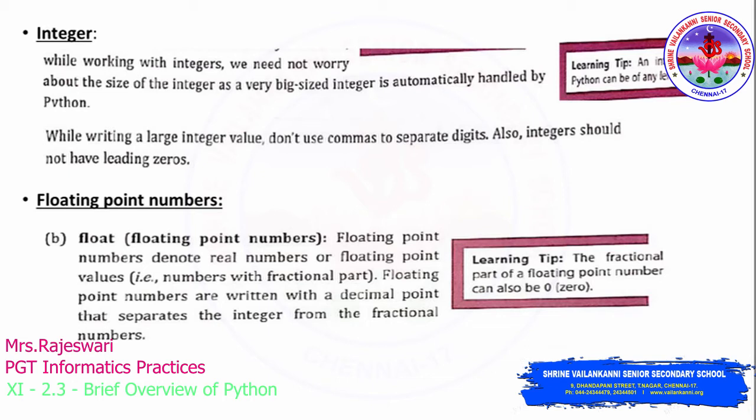When working with integers, you don't have to specify the size either. Very big integers are automatically handled by Python, so you don't have to worry about the length of the values you give.